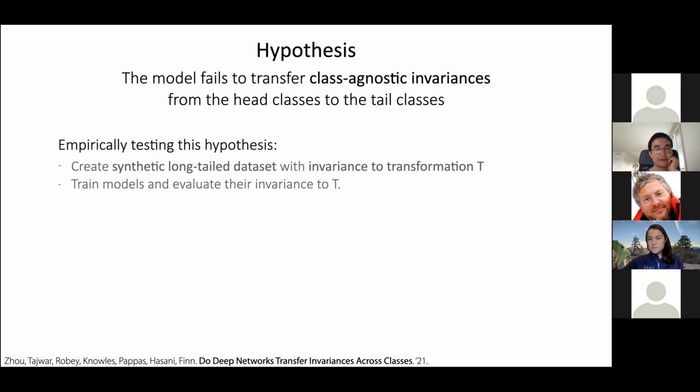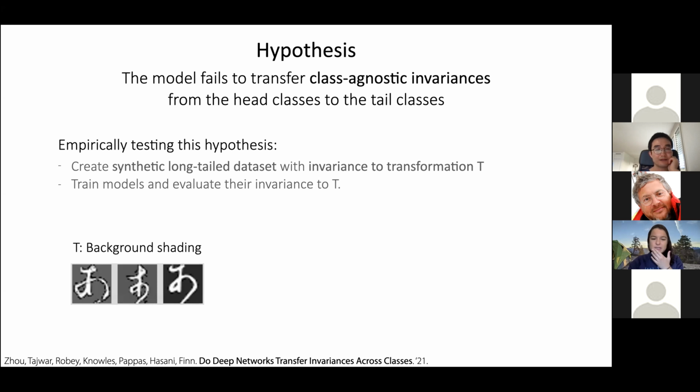parts of the distribution. And so in particular, we take the K49 data set, which is a data set of 49 different Japanese characters, and we consider different transformations, like changing the background shading, for example. And we can then create a long tail distribution with these 49 characters and also augment the background.